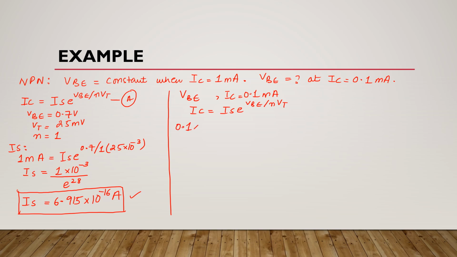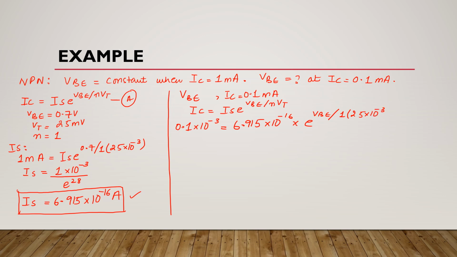0.1 into 10 raised to the power minus 3 is equal to 6.915 into 10 raised to the power minus 16 multiplied by e raised to the power VBE divided by 1 multiplied by 25 into 10 raised to the power minus 3.